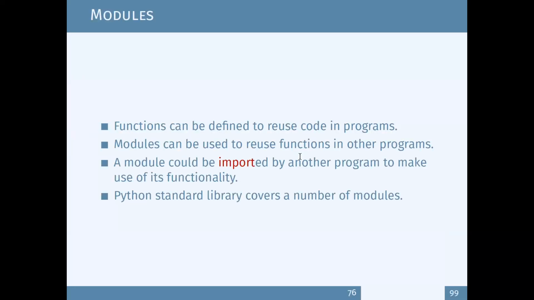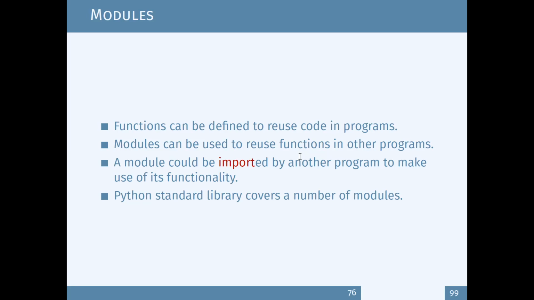Right. Now, what is a module? We learned how to create a function. Sometimes when you develop an application, you have your own set of functions, and whenever you need them, you can use them as a separate module. So a module is nothing but a small program where you keep a set of functions together.